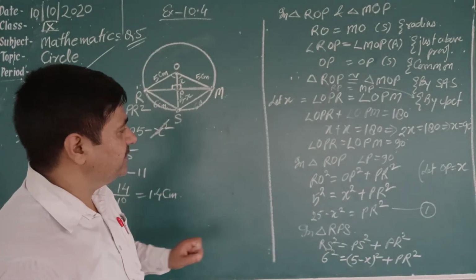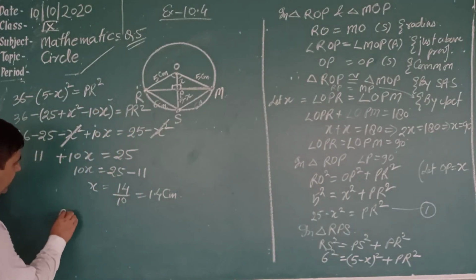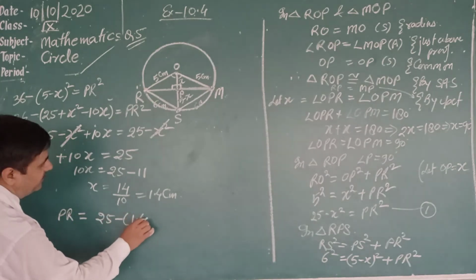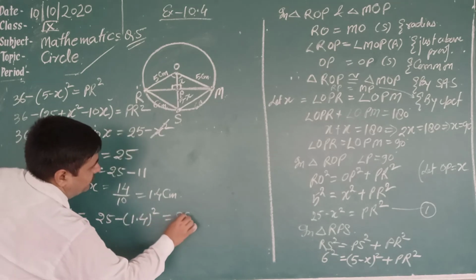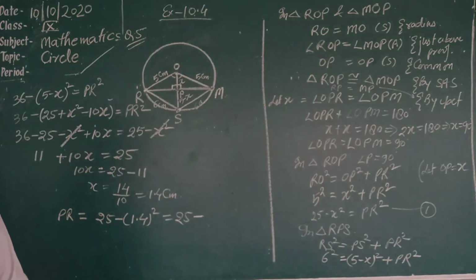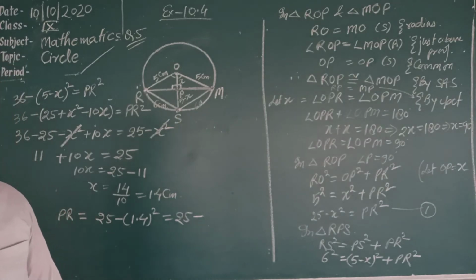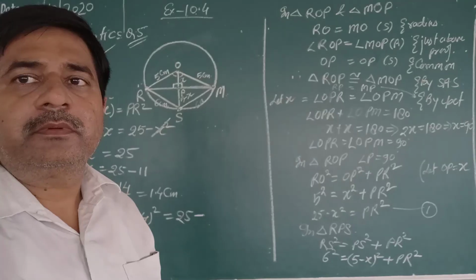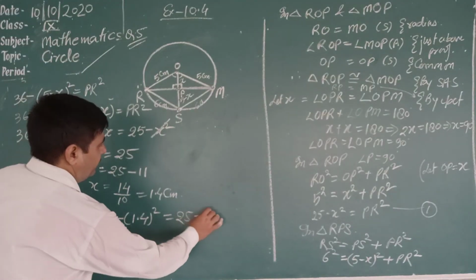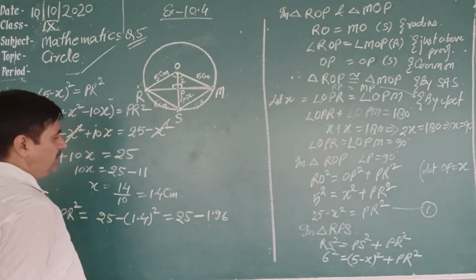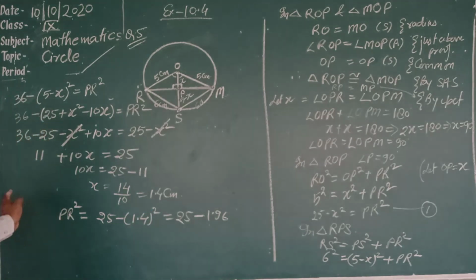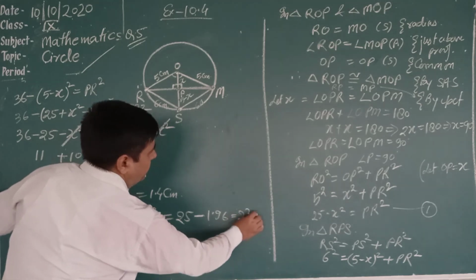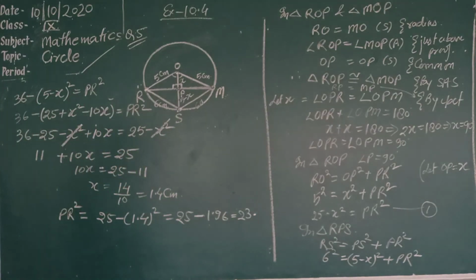So put the value of 1.4 in equation 1 and you find PR. PR square equals 25 minus 1.4 square, that is 25, and 1.96 is the square of 1.4, okay, and the difference is equal to 23.04.